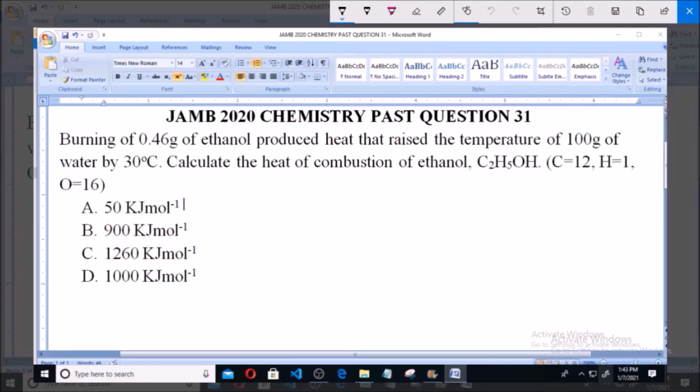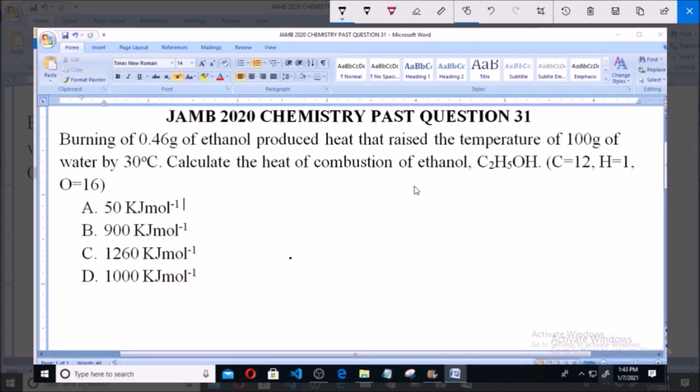Now let's calculate. Ethanol was burnt, so the heat evolved from the combustion of ethanol is equivalent to the heat that is required to raise the temperature of water by 30 degrees Celsius.